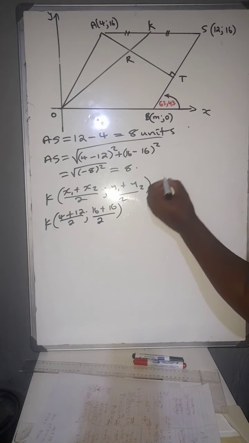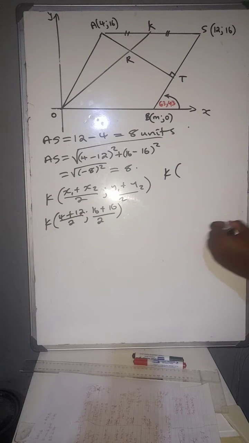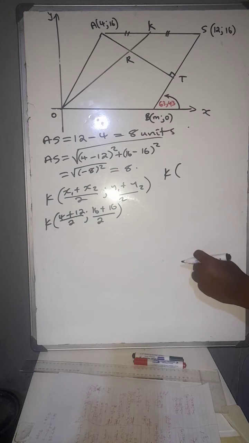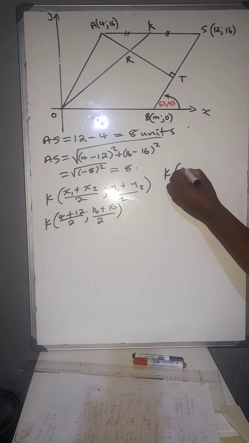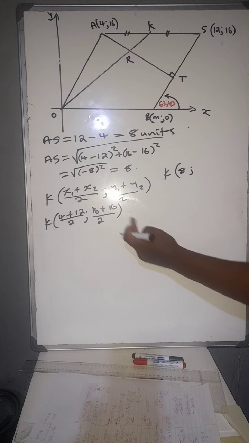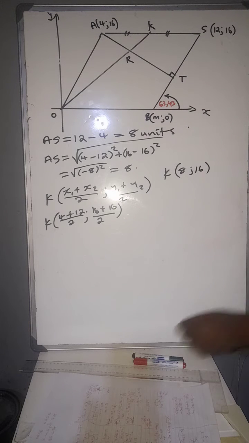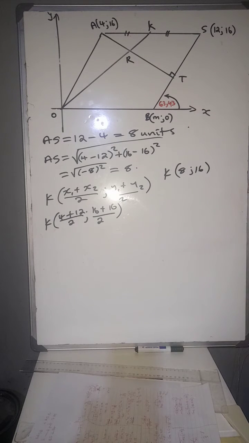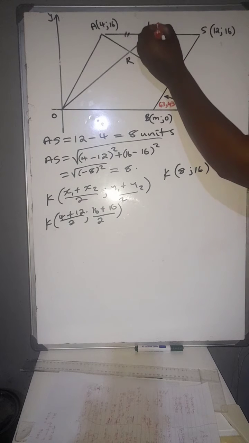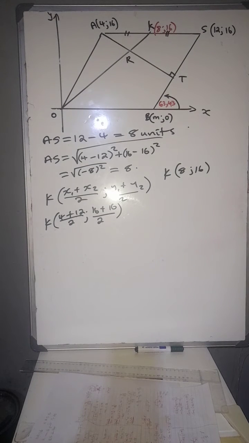The coordinates of K then will be 4 plus 12, 16 divided by 2 is 8, and 16 plus 16, 32 divided by 2 is still 16. So these are the coordinates of K: 8 and 16.